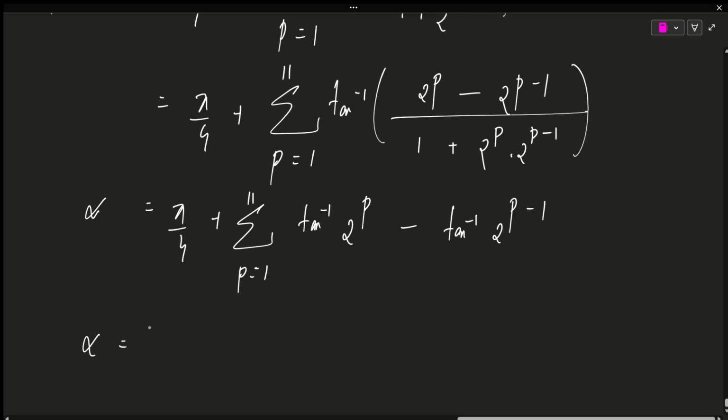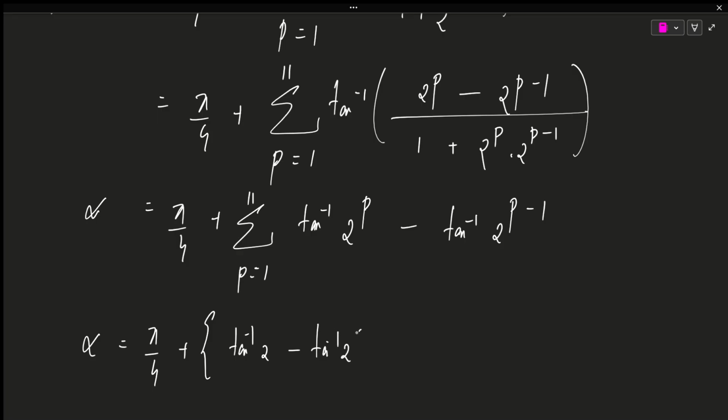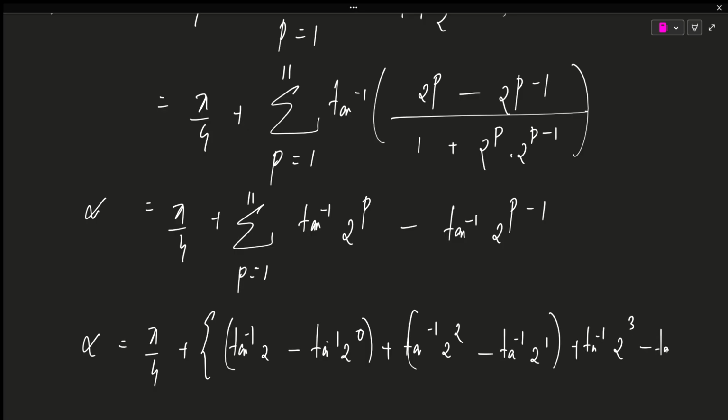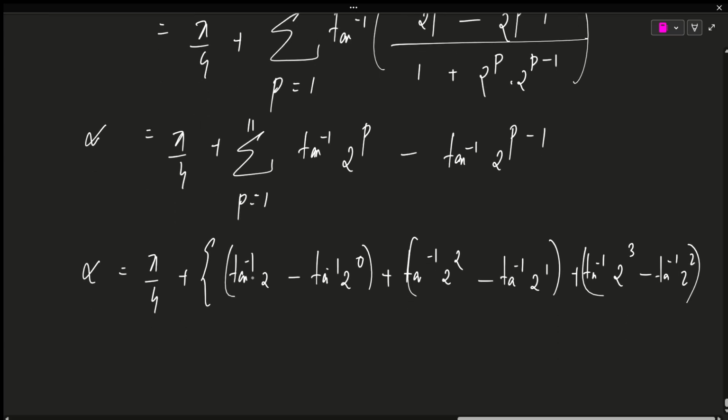So your alpha is going to be pi by 4 plus, if you just put the values in over here, tan inverse of 2 minus tan inverse of 2 to the power 0 plus tan inverse of 2 to the power 2 minus tan inverse of 2 to the power 1 plus tan inverse of 2 cube minus tan inverse of 2 square. Okay, now if you just see the thing over here, this will simply cancel out and this will also cancel out. So for 3 terms, tan inverse 2 cube remains.